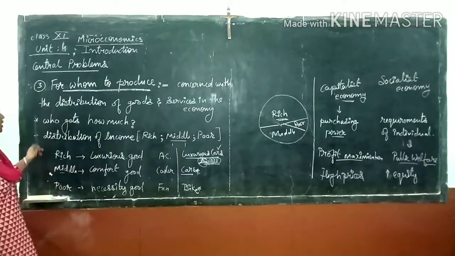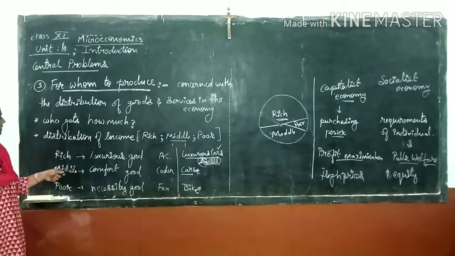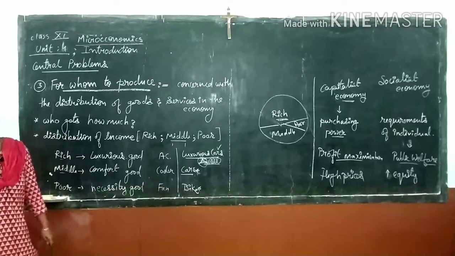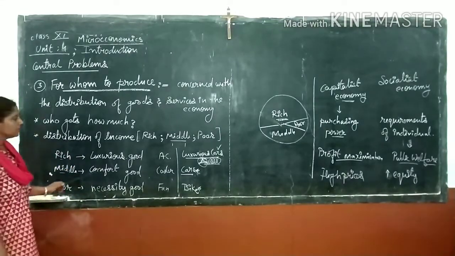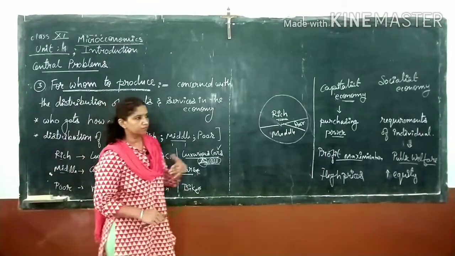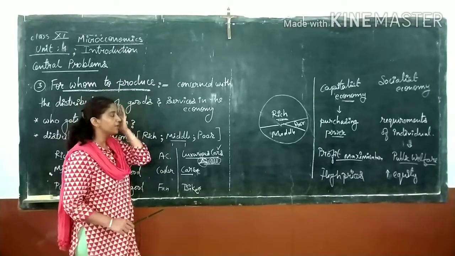It is related with who gets how much, and indirectly this problem is concerned with distribution of income level or the purchasing power of the consumer. To decide for whom to produce, that is, for whom will it be produced.